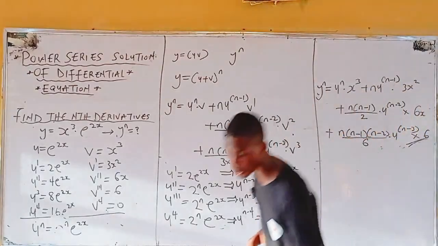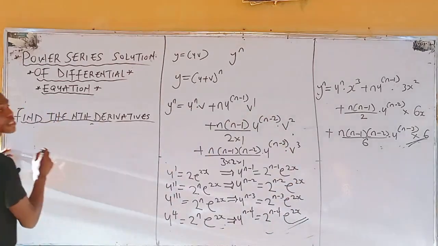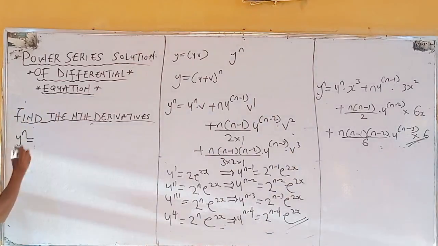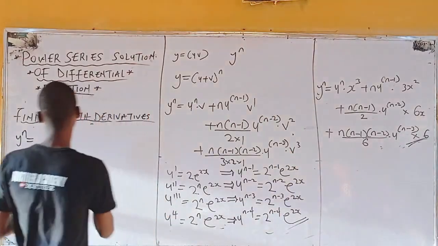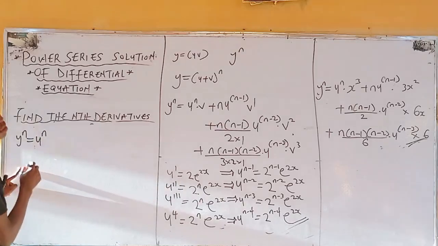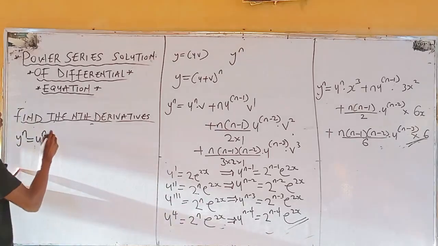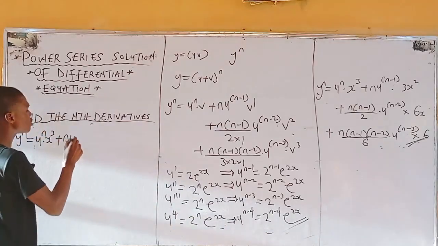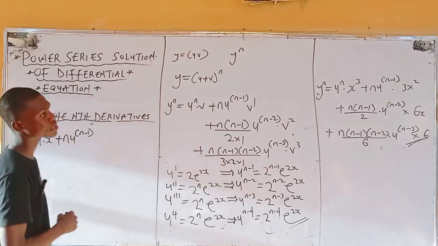So let's substitute. My nth derivative, y raised to the power of n, is equal to what? u raised to the power of n, multiplying s cubed, plus n multiplying u raised to the power of n minus 1, right?